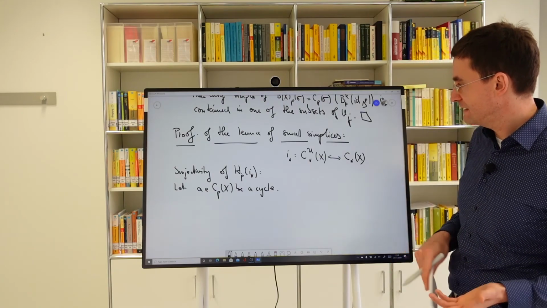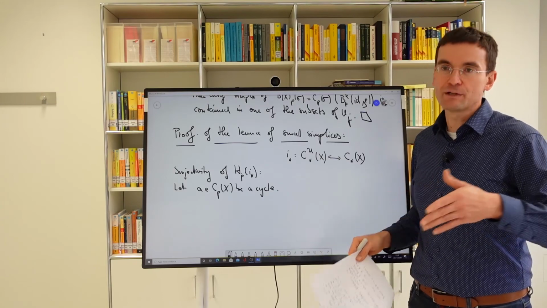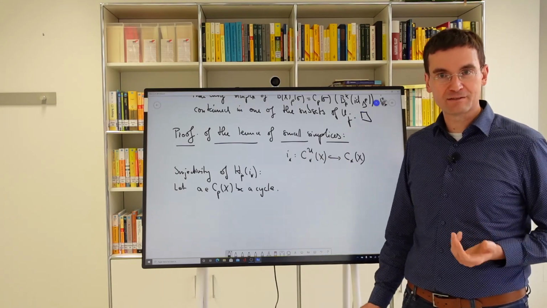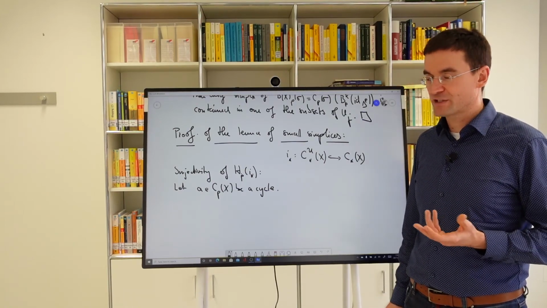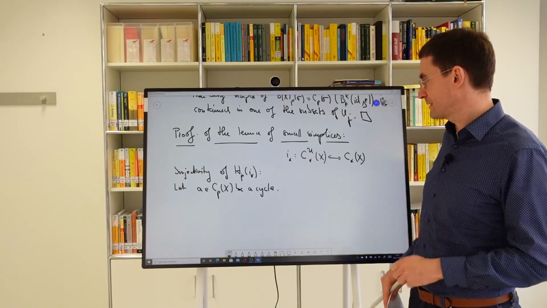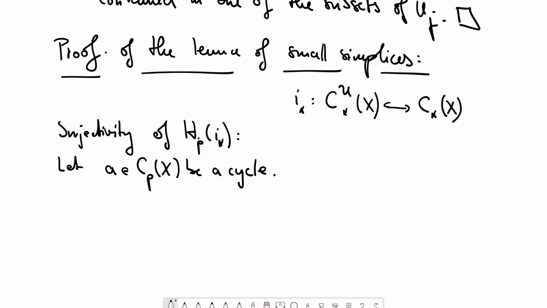So now this A is a finite linear combination of singular simplices. For each one of these singular simplices, there is a certain k, the k from the previous lemma, so the number of times we have to apply the barycentric subdivision operator. Just take the maximum of these numbers, so apply that often the barycentric subdivision operator to A, and then we land in C_p^U(X).